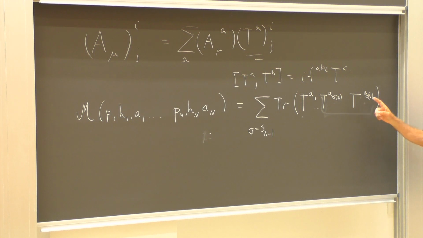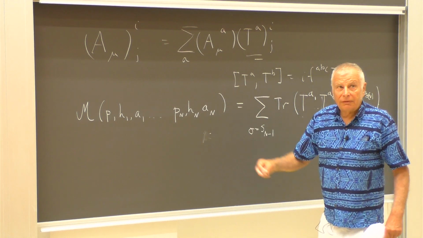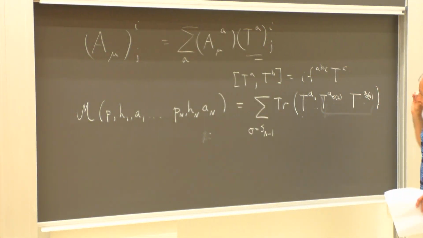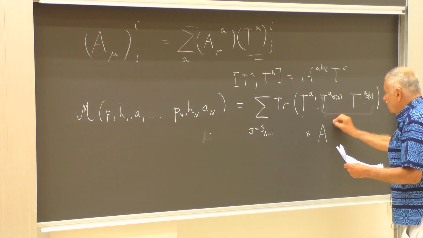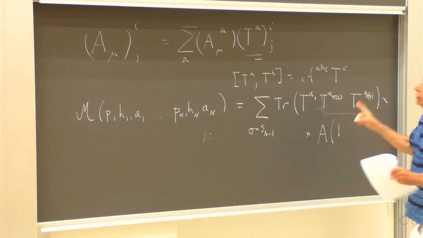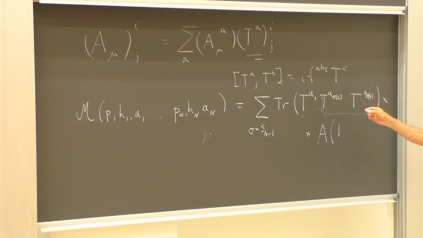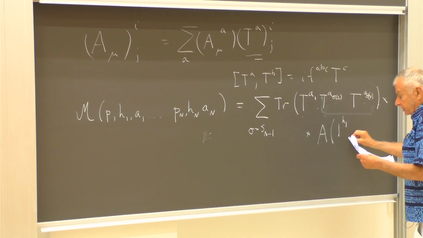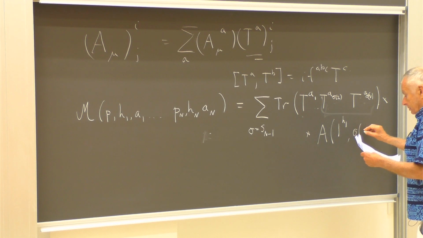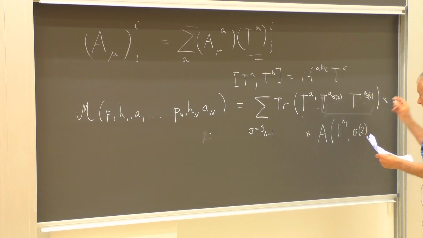In this way, you write the amplitude in terms of (n-1)! terms, times some factors which do not depend on gauge indices, so they are essentially kinematical factors.